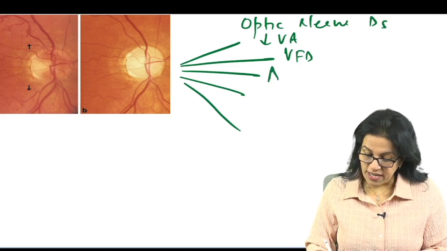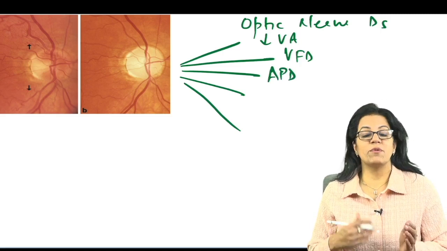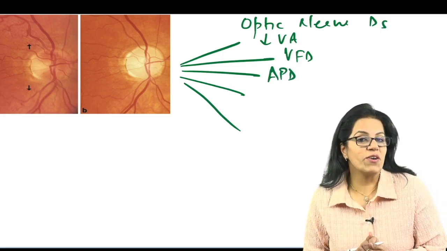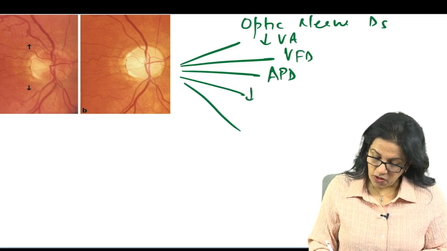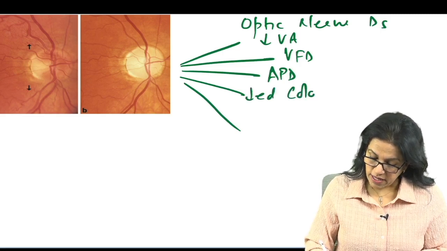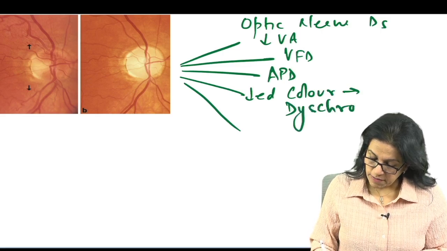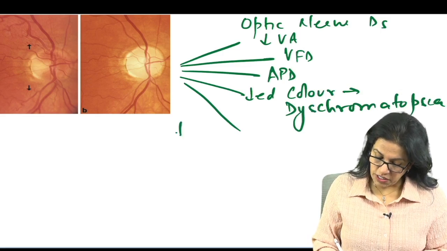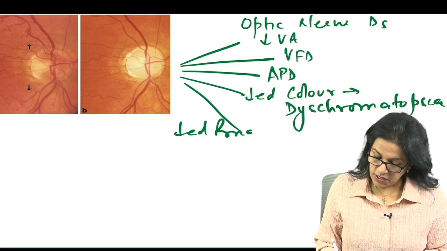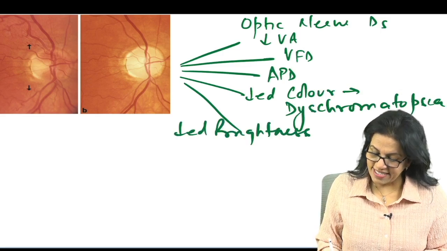Then very important, afferent pupillary defect. So, there is a pupillary defect and the pupillary reactions are not normal. Then decreased color. What is that called? We call it dyschromatopsia. So in the affected eye, there will be dyschromatopsia. And of course, lastly, we all know decreased brightness. These are the features of optic neuritis.